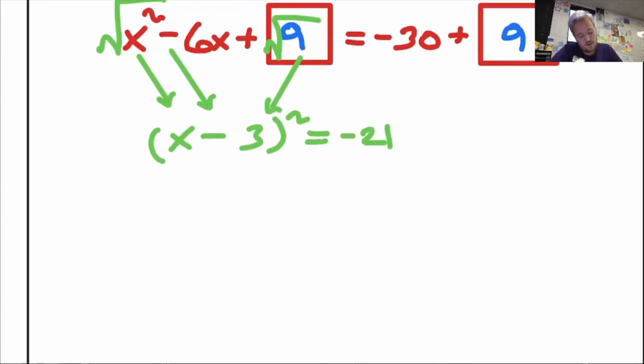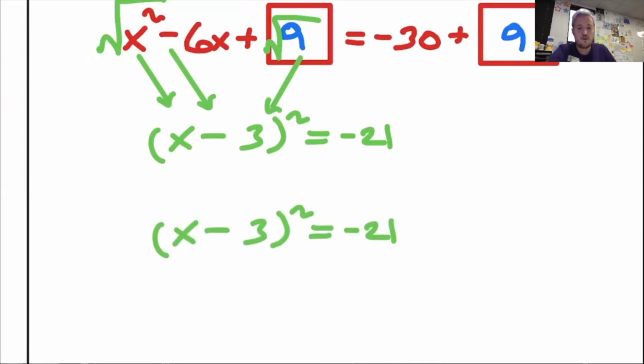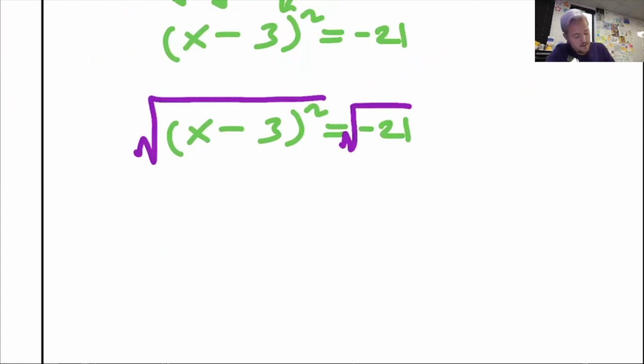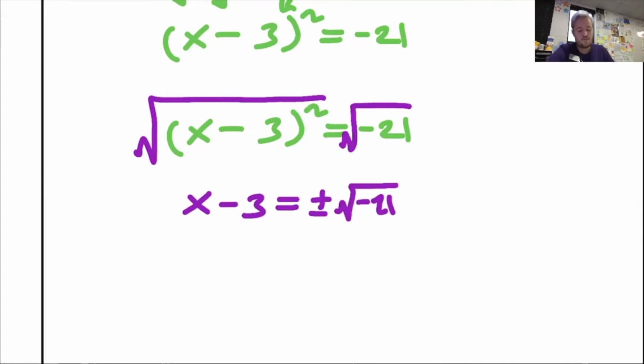All right, so here I'm ready to start taking the square roots. When I take the square root of both sides, we're going to get x minus 3 equals plus or minus the square root of -21.